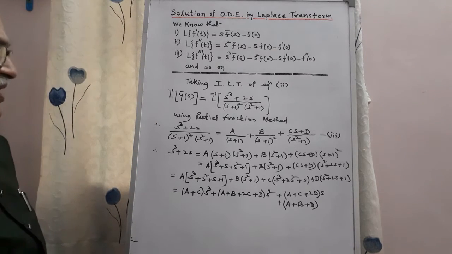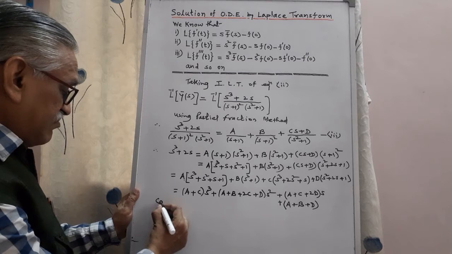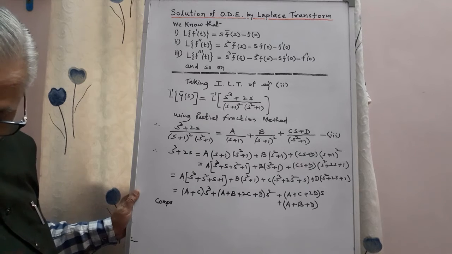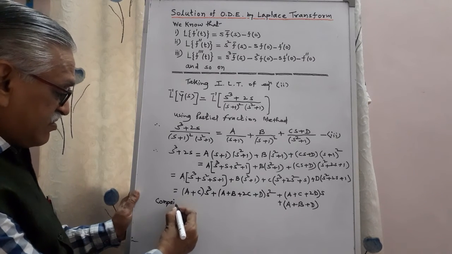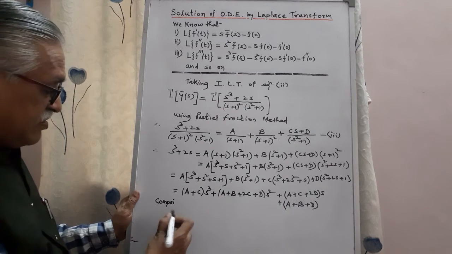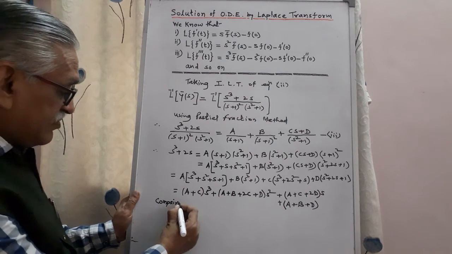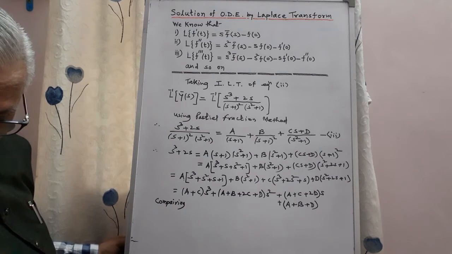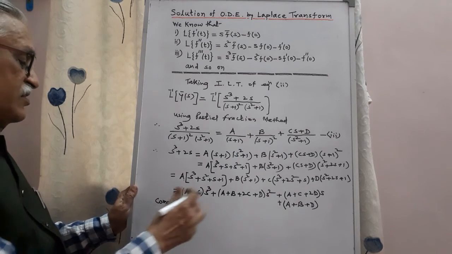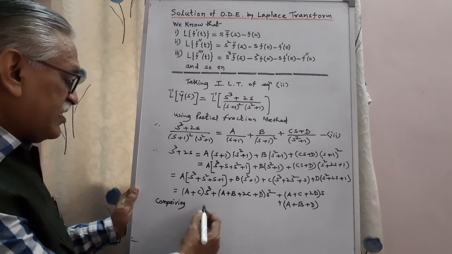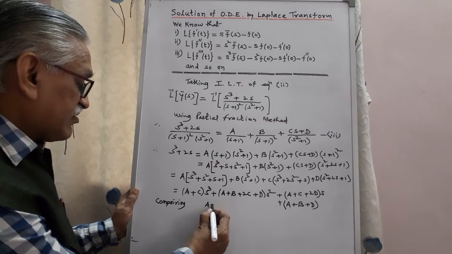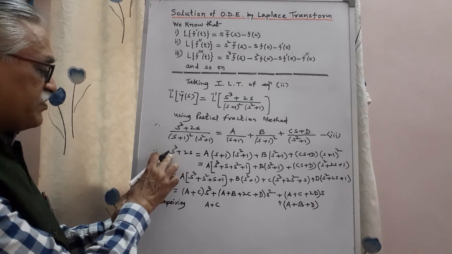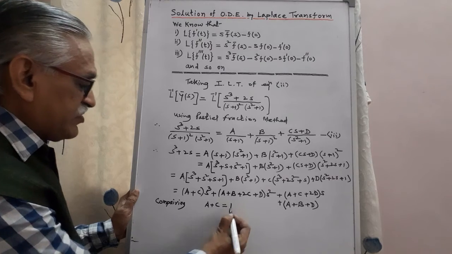and then comparing two sides. Coefficient of s cube is here a plus c, and the coefficient of s cube on the other side is 1, therefore a plus c is equals to 1.